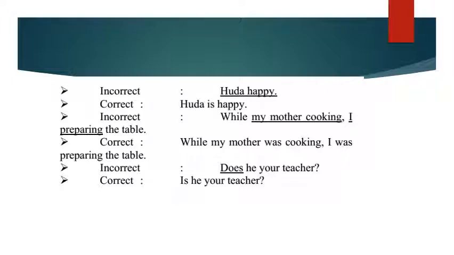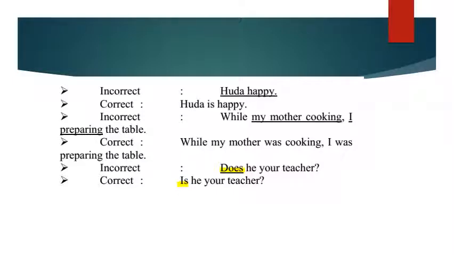The third example here is the substitution case, which represents this replacement, where instead of using is, the speaker used does. Instead of using is he your teacher, he just used does he your teacher, which again is incorrect. So this is a case of substitution.